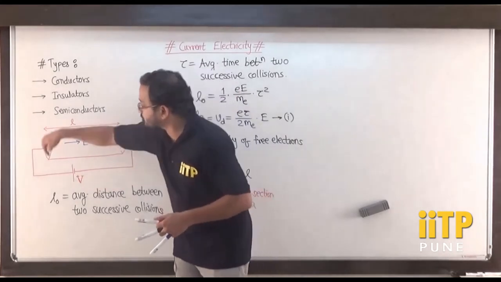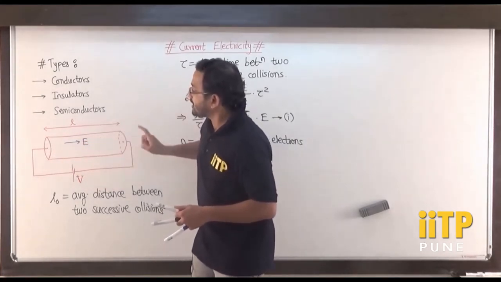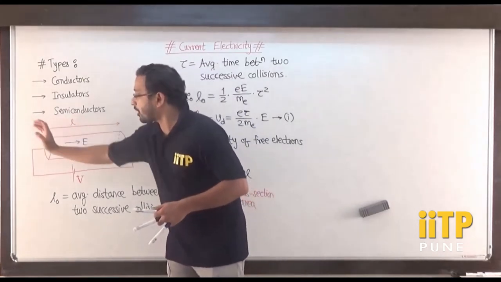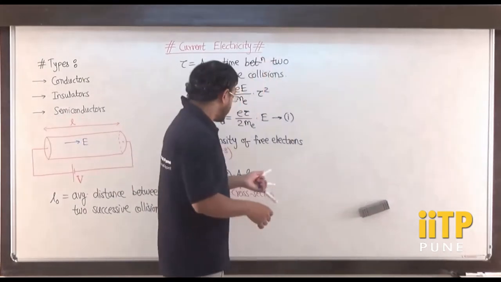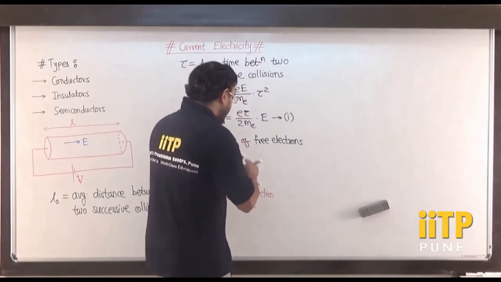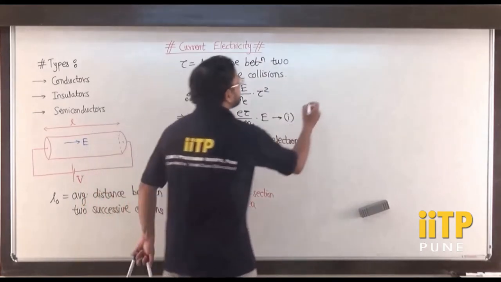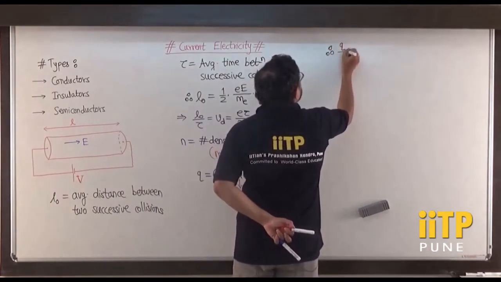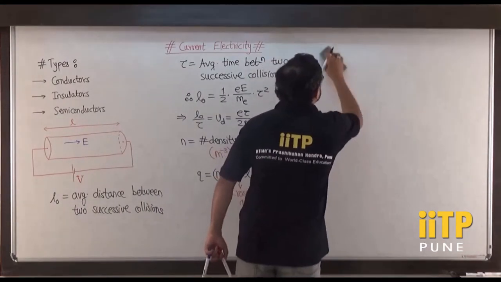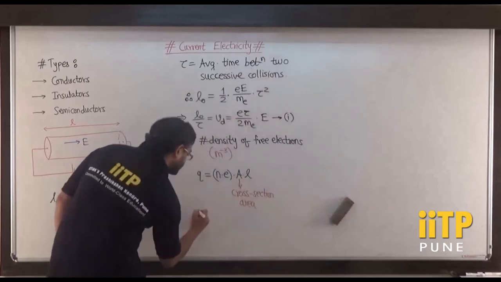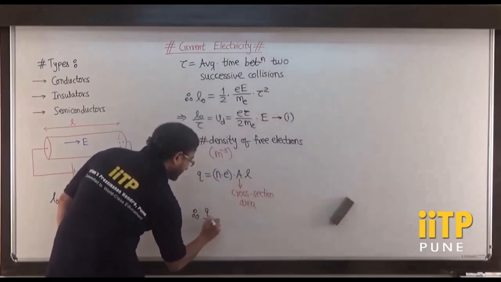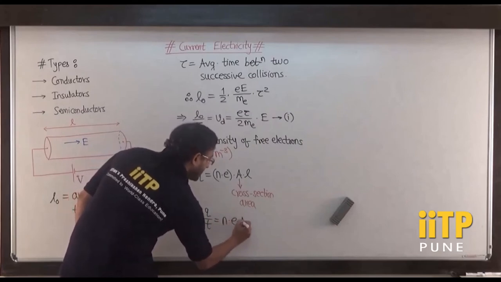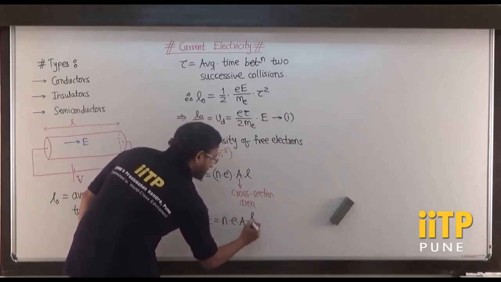So this charge Q will take time t to go all the way through the rod. I will divide by that time t. So when I divide both sides by t, I get the result Q by t is equal to N e A L by t.